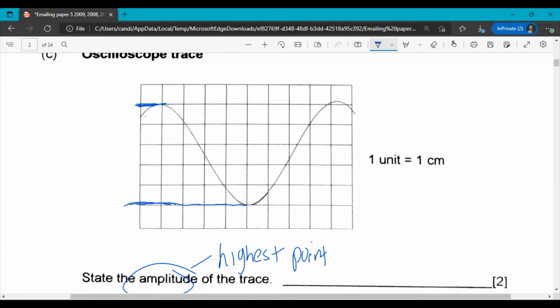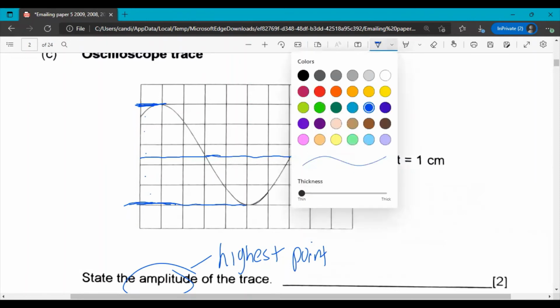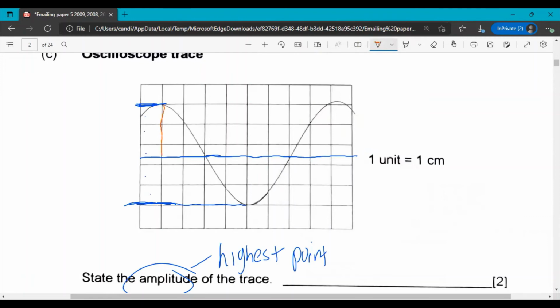And we have 1, 2, 3, 4, 5. So halfway between there would be our equilibrium position, right there where it crosses. The value for our amplitude is this distance right here, or this distance, same thing.